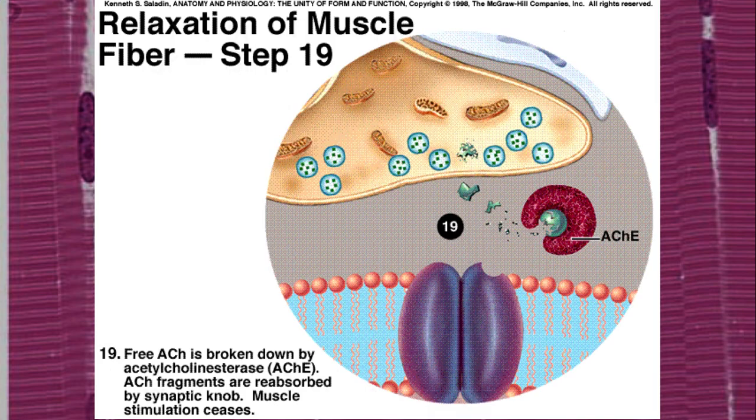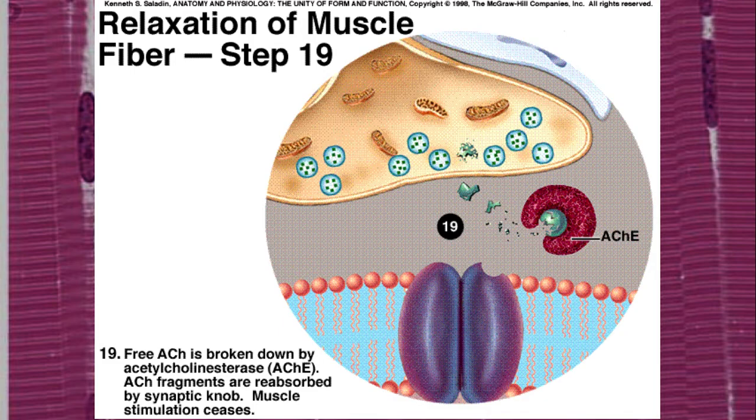Okay? Then, number 19. The free acetylcholine is eaten up by acetylcholinesterase. Okay? And so it gets rid of the acetylcholine that was in that synapse. And if there's no acetylcholine bound to its receptor, you are no longer letting sodium into the cell and passing it out.